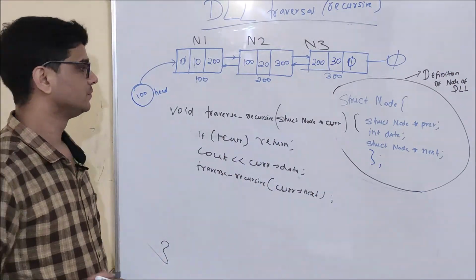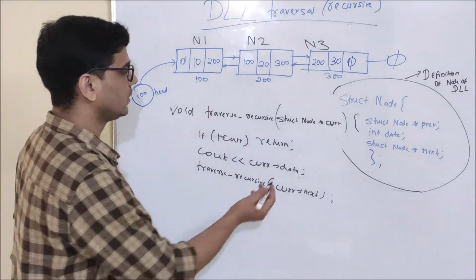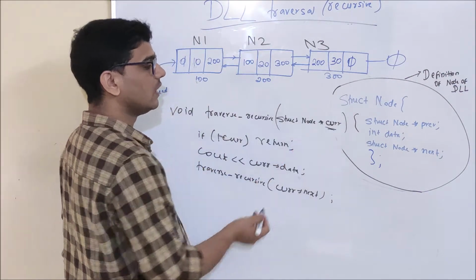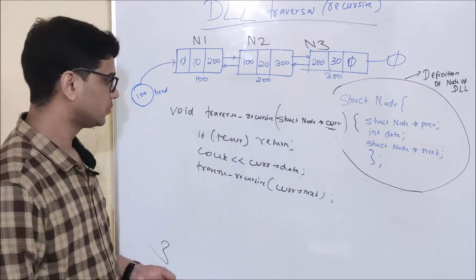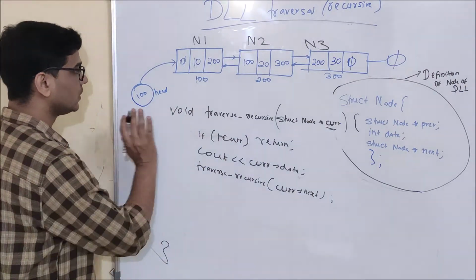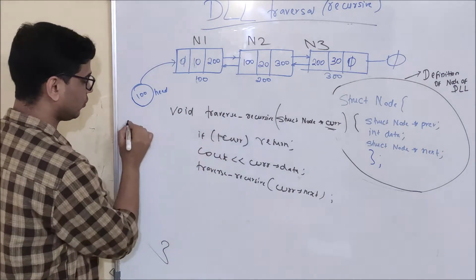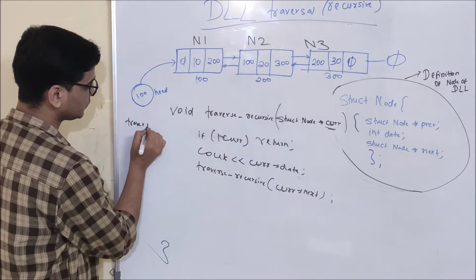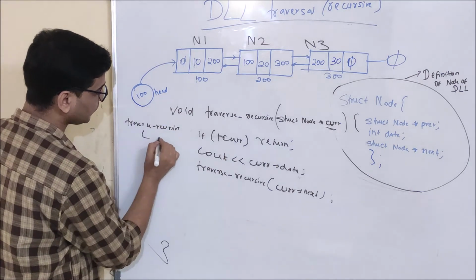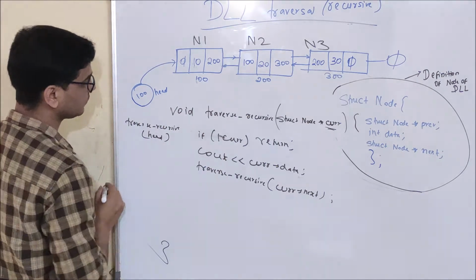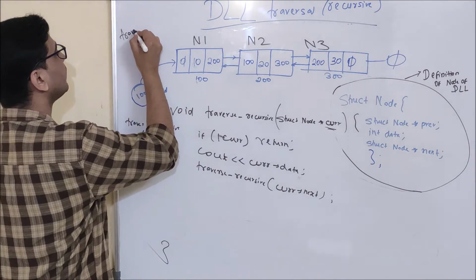That is, here using recursive call we are traversing the linked list, and here we are printing the data. And one more thing, as you can see here, we have a pointer of struct node type. So first of all, while we will be calling this traverse recursive function, we will first of all pass head.